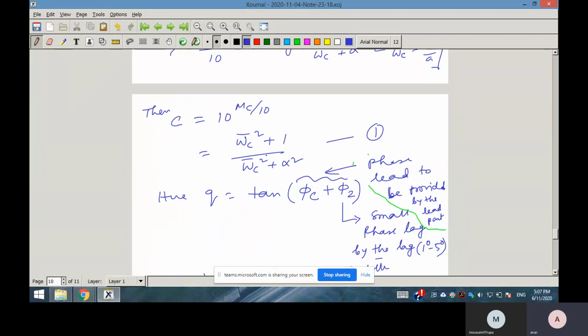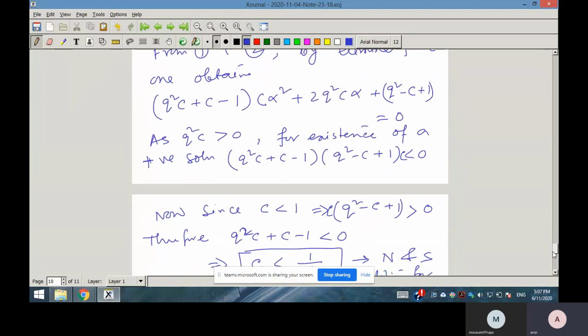Omega c square, you can get, will be just 1 minus c. Omega c square will be what? 1 minus c divided by alpha square c minus 1.